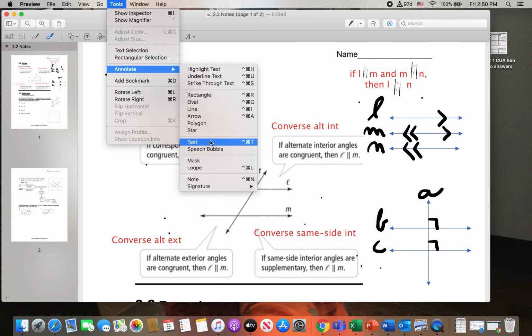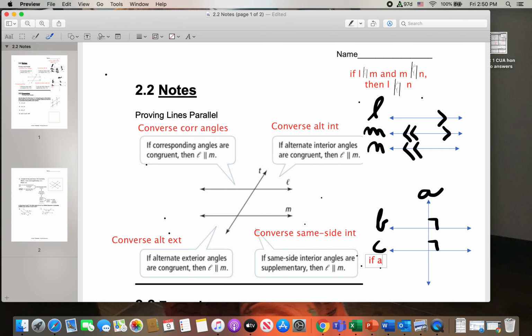If A is perpendicular to B and A is, now we could spell out perpendicular or leave these spaces, perpendicular to C, then what do you think that does to B and C?